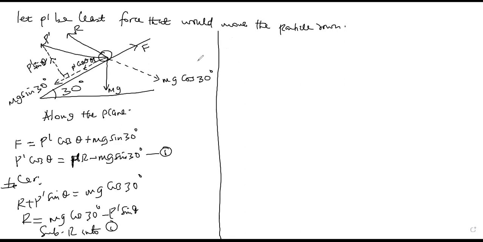We shall get P prime cos theta is equal to mu R, so it will be mu mg cos 30 minus mu P prime sine theta, then minus mg sine 30.